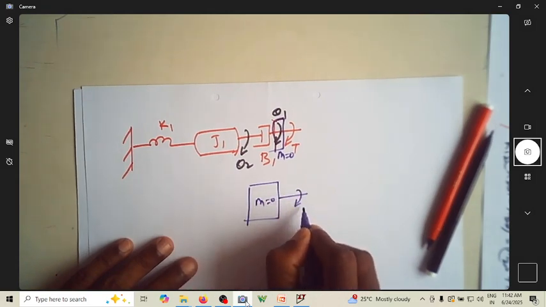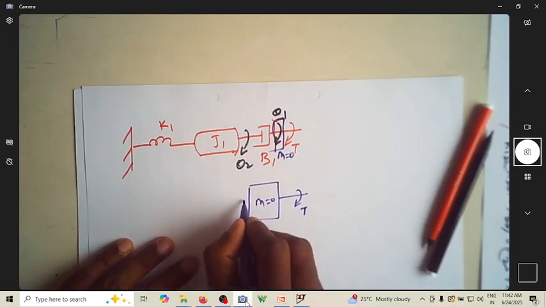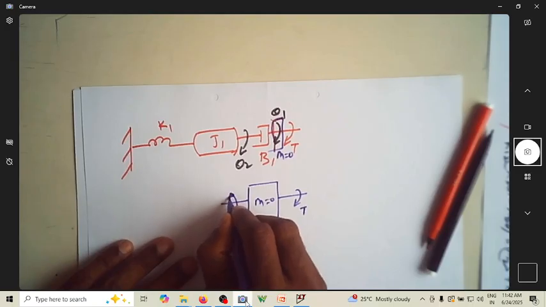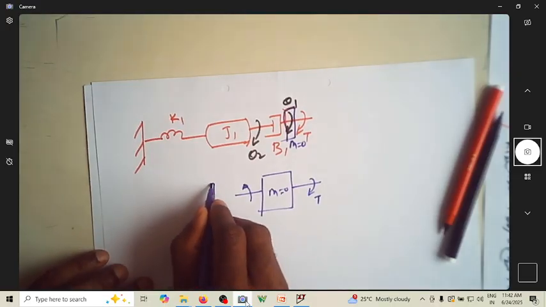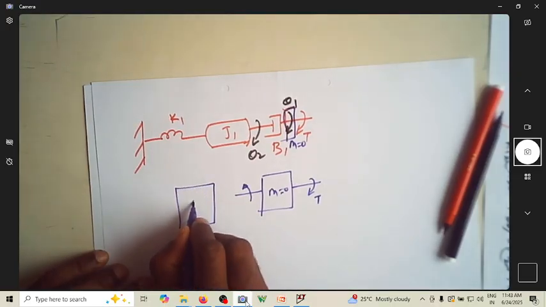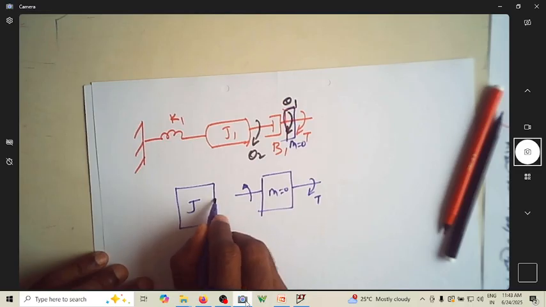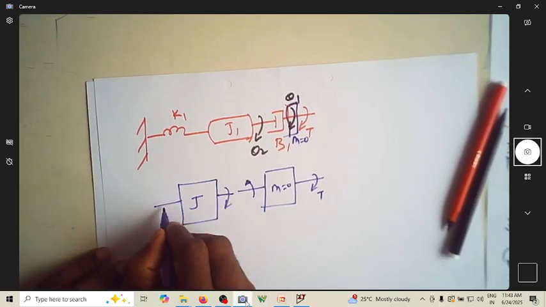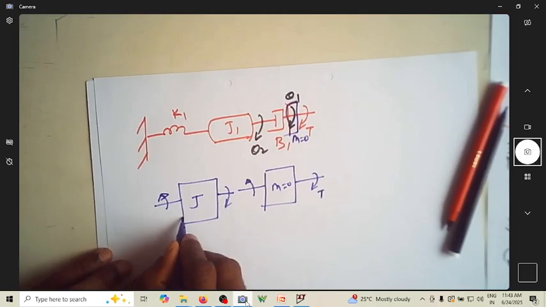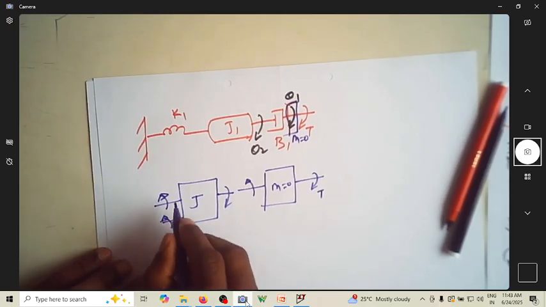You are applying a torque here, and this certainly results in an opposing torque due to this friction, and that will act on inertia J. This is the one which is acting here, and there are opposing forces. One is due to the inertia of J1 and the other is due to K1.